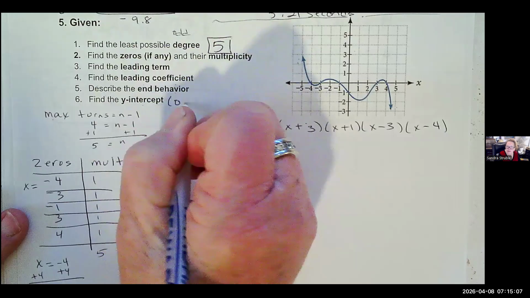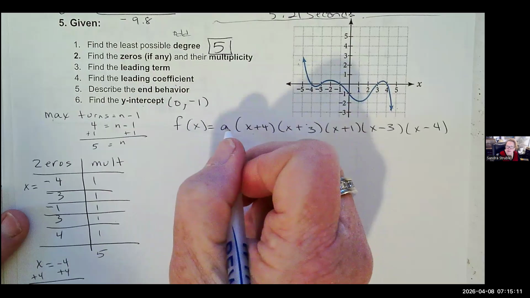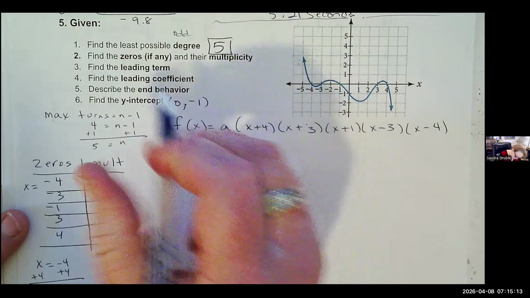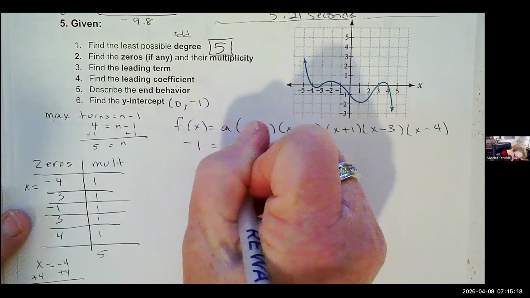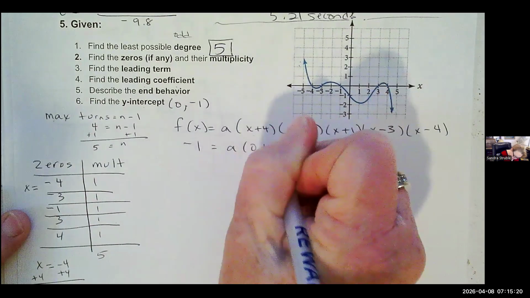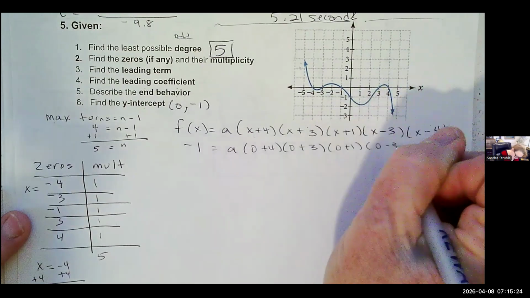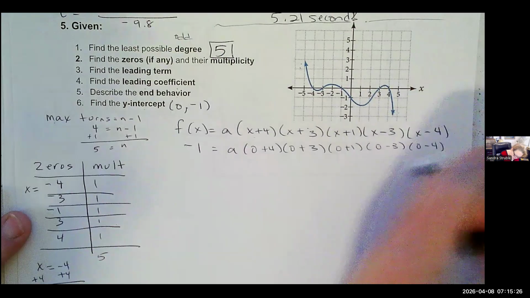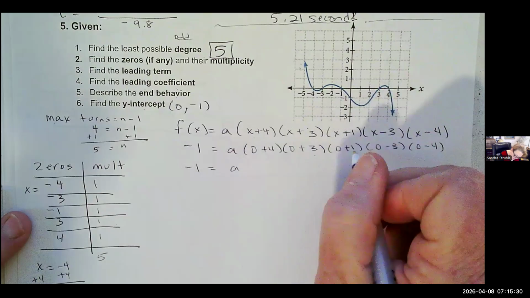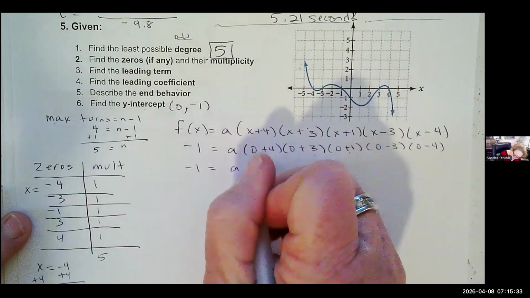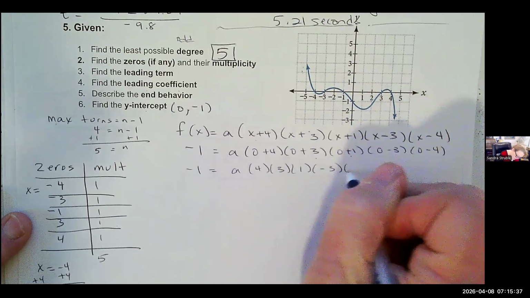I can use that to find my a, and that will help me find my leading coefficient and my leading term. So negative 1, 0 plus 4, 0 plus 3, 0 plus 1, 0 minus 3, 0 minus 4. 4 times 3 is 12. Well, I'm not going to do this. 4, 3, 1, negative 3, negative 4. 12 and 12 is 144.